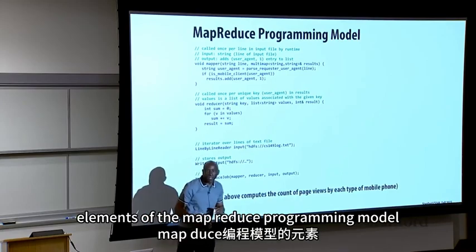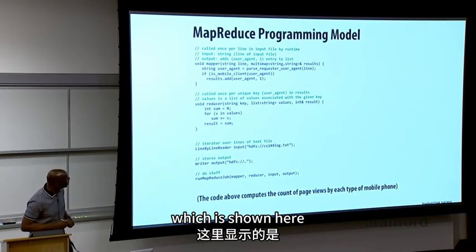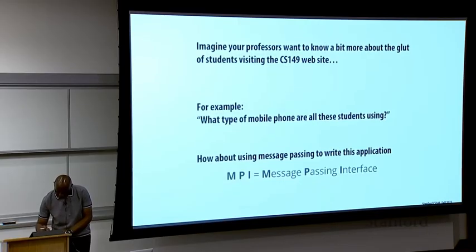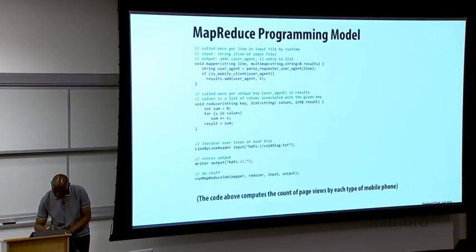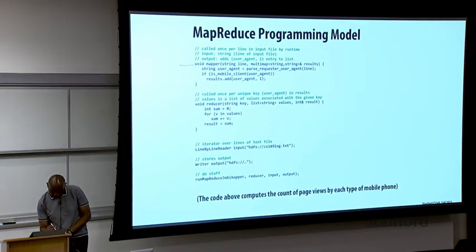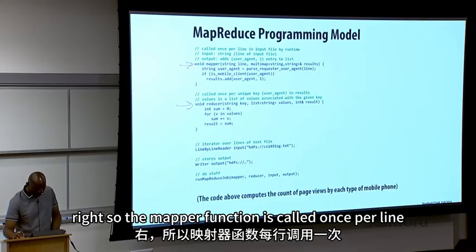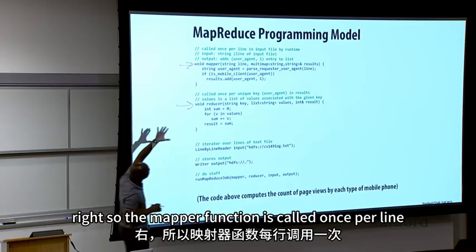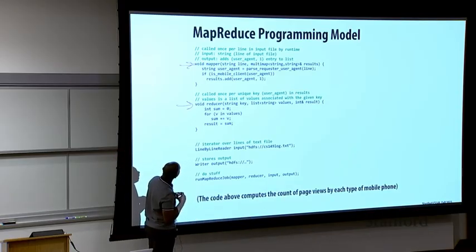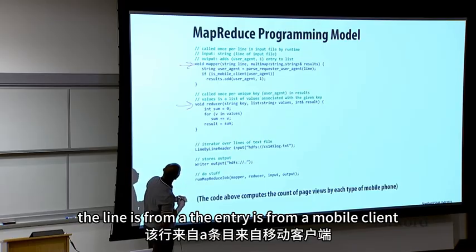The key elements of the map-reduce programming model, of course, are a mapper function, which is shown here, and a reducer function, which is shown here. The mapper function is called once per line of the log file, and it parses the line and figures out whether the entry is from a mobile client.